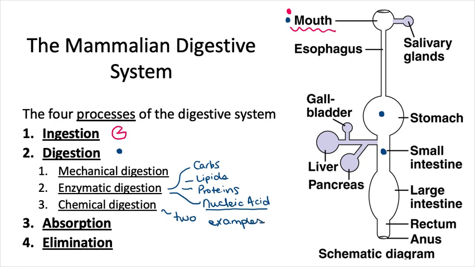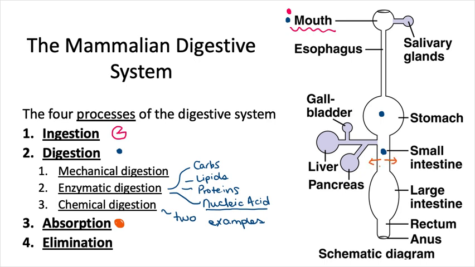Absorption means that once the food is broken down into their tiny little parts, the food is going to next be absorbed into the bloodstream. So absorption is when the breakdown products go into the bloodstream, and absorption will include absorption of nutrients as well as water.